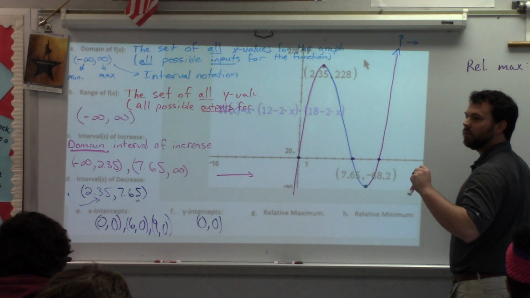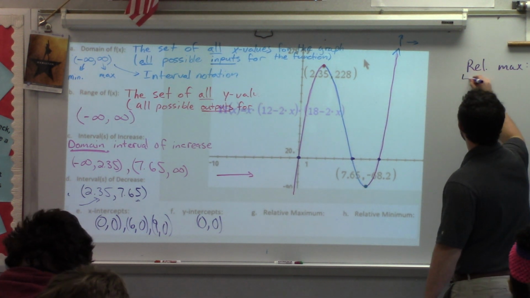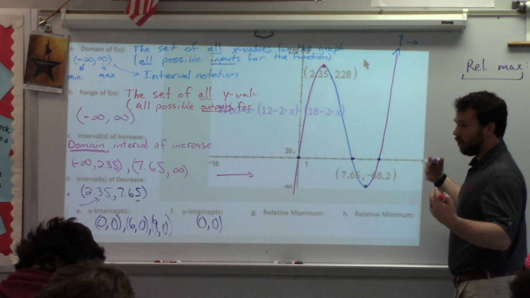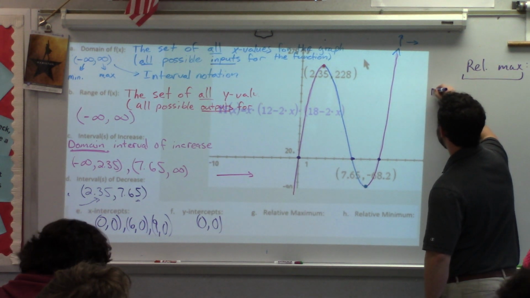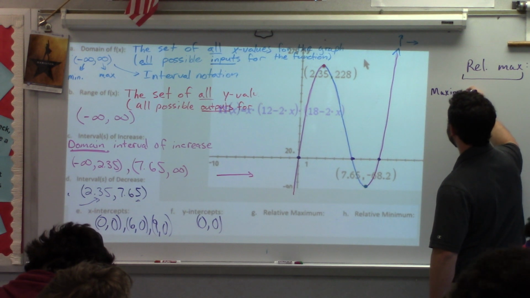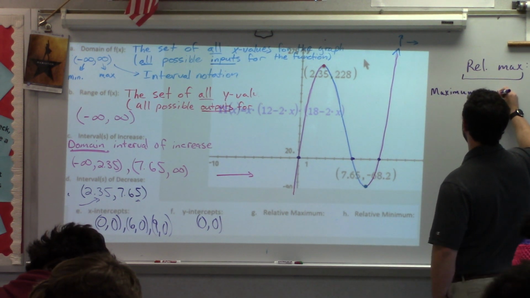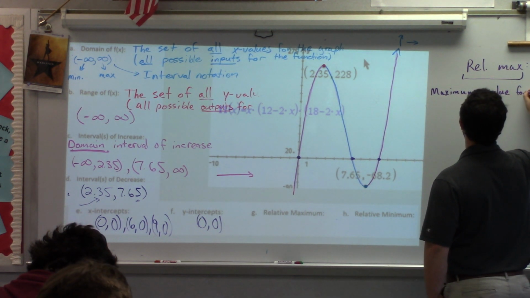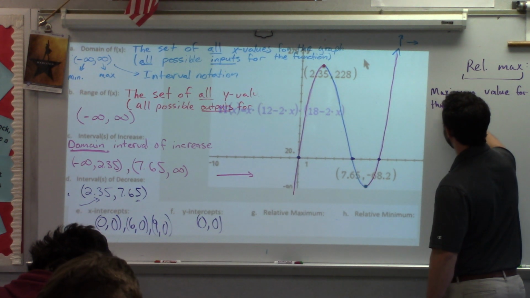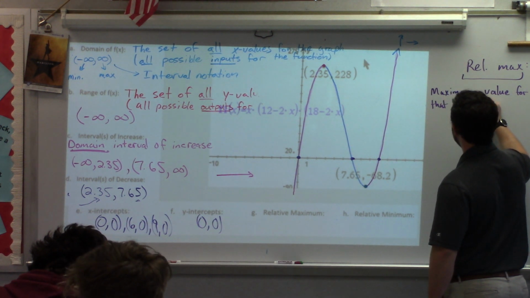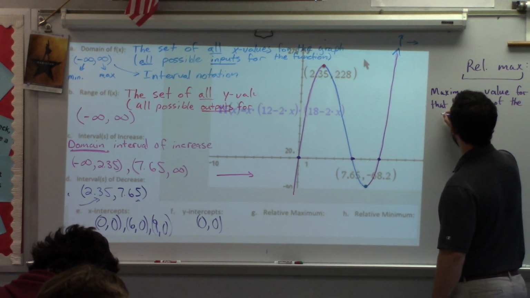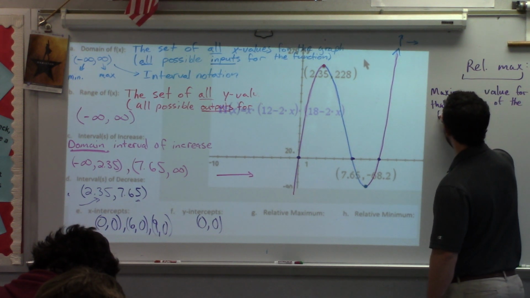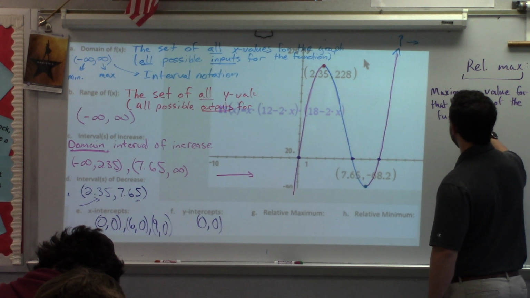The way that it's worded in the book, and the way that I would say it every single time is, it is the maximum, and so I'm going to say not point, but value for that section of the function. It doesn't have to be the highest overall, but it needs to be the highest for that little area.